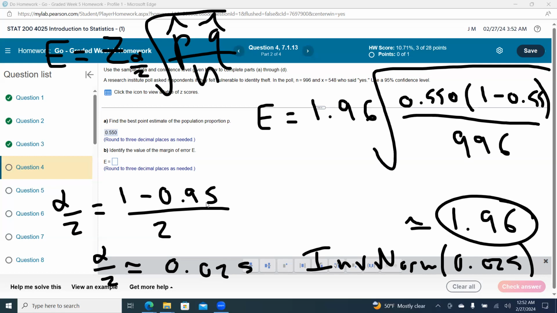Only that part is inside the square root. Okay, good. So if we do that, they want 3 decimal places there. I get 0.031.